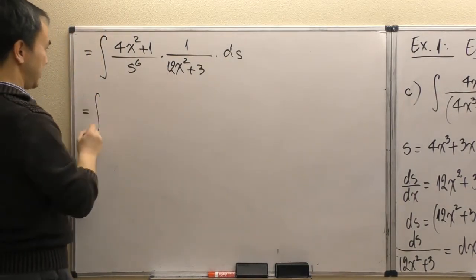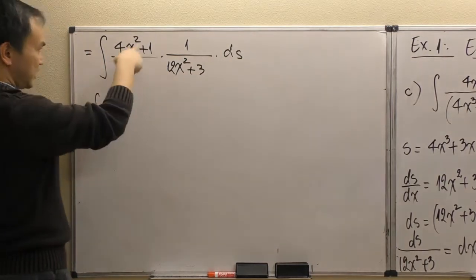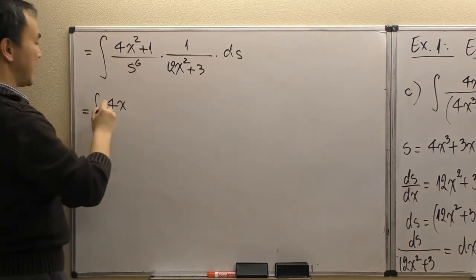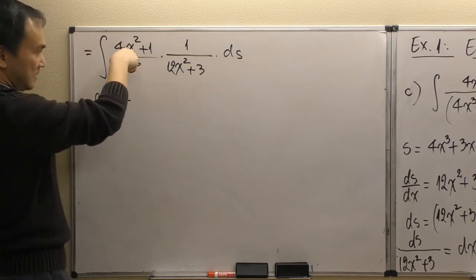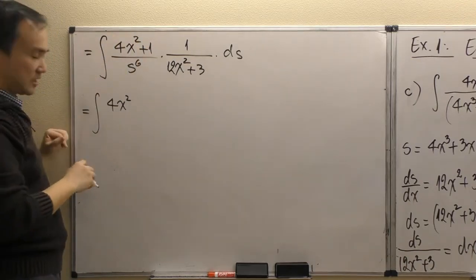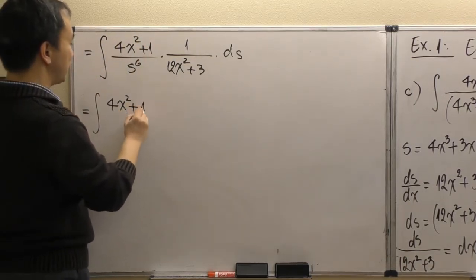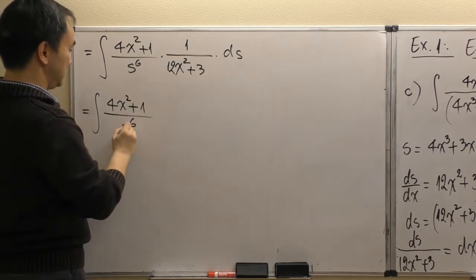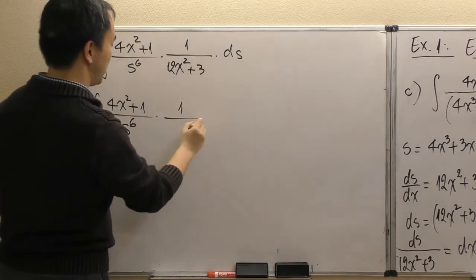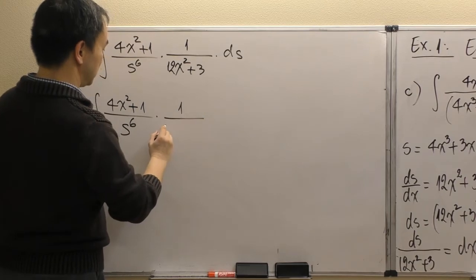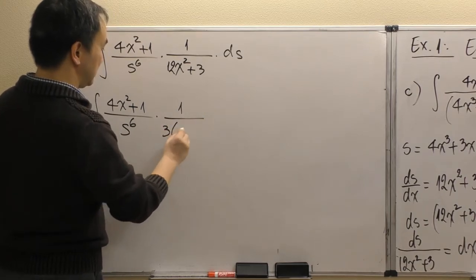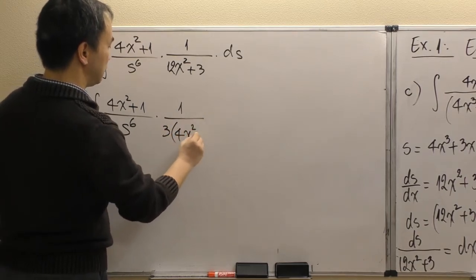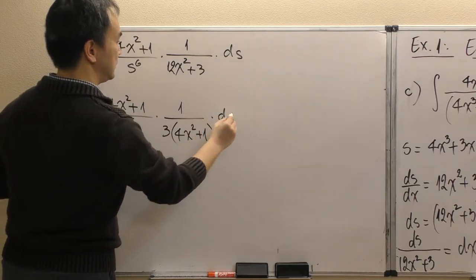So now that means I can do this. 4x squared, and I still haven't found my substitution for that 4x squared plus 1 yet, or at least this thing here is still stuck with the x, the old variable, times 1 over 3 times factored out, and then the 4x squared plus 1 ds.